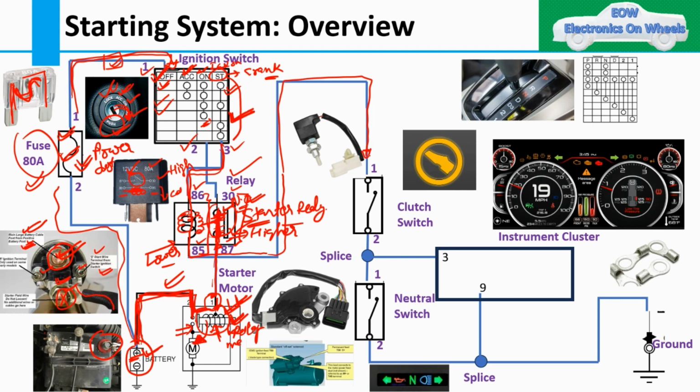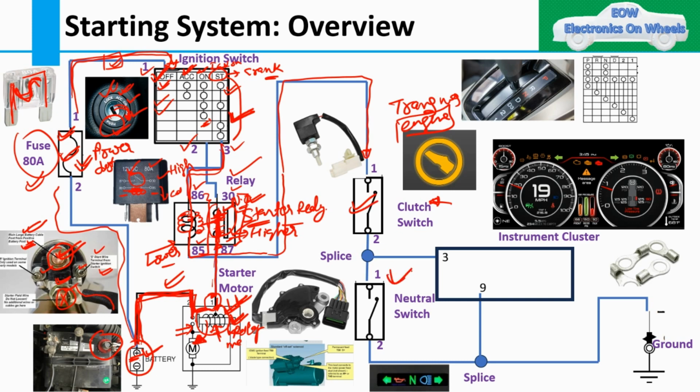If you press the clutch, it will disengage the transmission from the engine. So there would be a lower load on the battery and the starter motor, because you are disengaging the whole transmission system from the engine. So this is the purpose of the clutch.